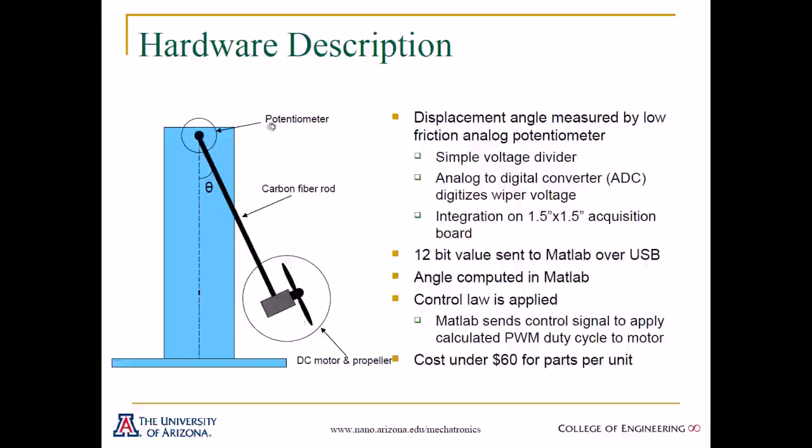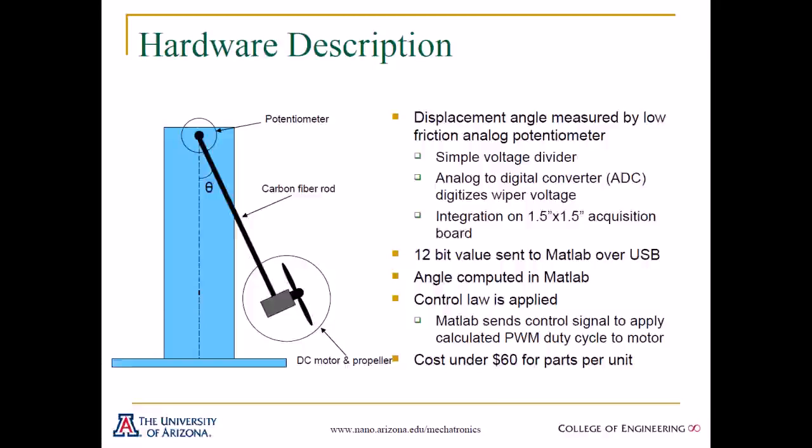The output voltage of the potentiometer is discretized using a 12-bit analog to digital converter and is sent to MATLAB via USB protocol. MATLAB automatically adjusts the offset in the signal by subtracting the initial value and multiplies it with the predetermined gain to convert the voltage into an angular reading.